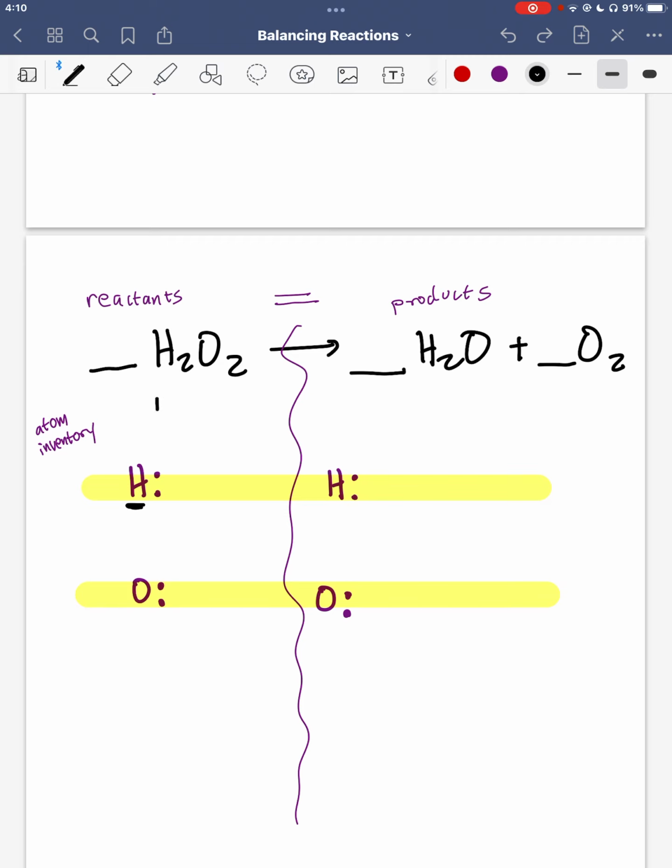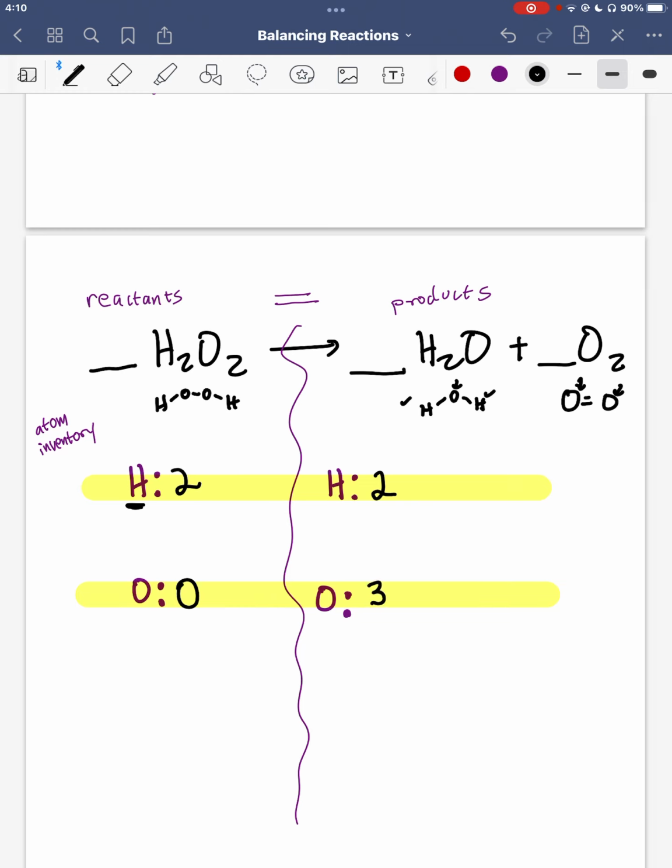All right, so in this molecule H2O2, I have two hydrogen atoms and two oxygen atoms. Now in my products, I have two different molecules to consider. In all of the products put together, I have two hydrogen atoms, but I have three oxygen atoms.